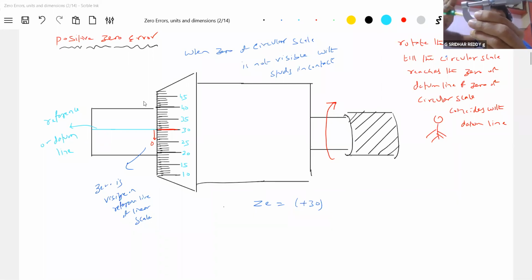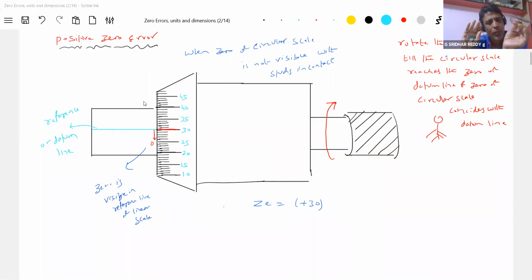But all screw gauges will not be like that. There are some other screw gauges where you can adjust it, to display for students. I brought it here. Now I can adjust this. Look at the zero now, not visible. But the studs are in contact. Got the idea? So this is the main idea.